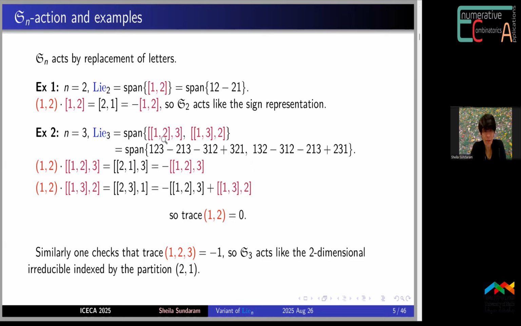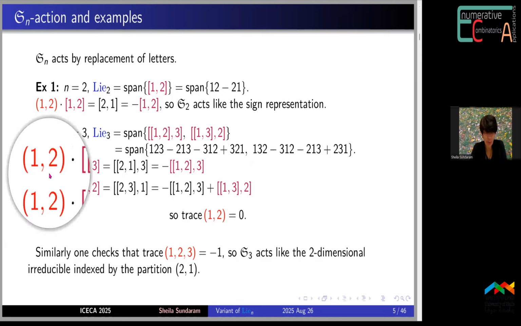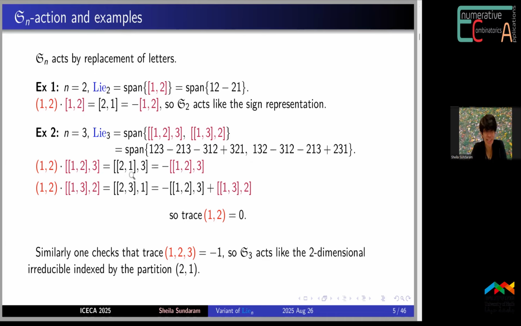So now I have two possible bracketings starting with 1 on the extreme left. Right. So if I wrote these out as permutations, if I expanded the brackets, this is what I would get, these two linear combinations. And again, how does (1 2) act? So I'm just switching 1 and 2.